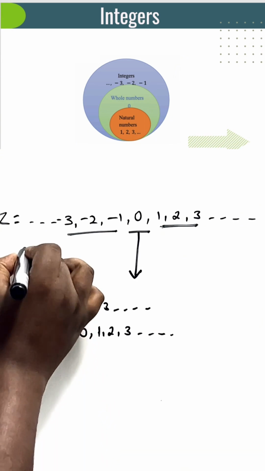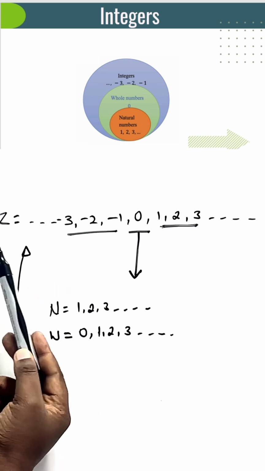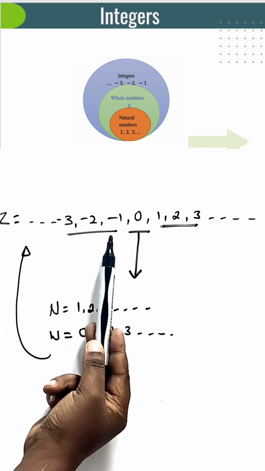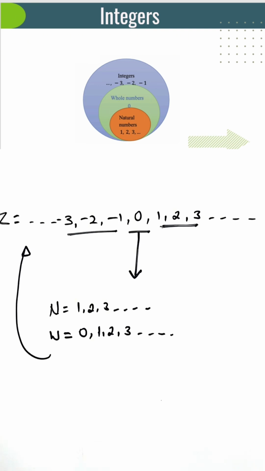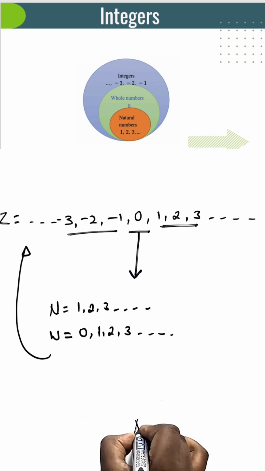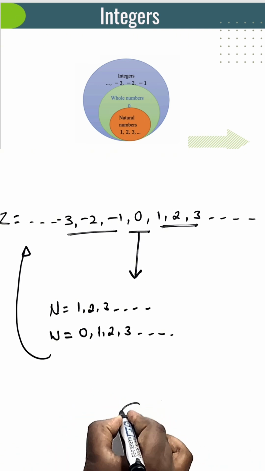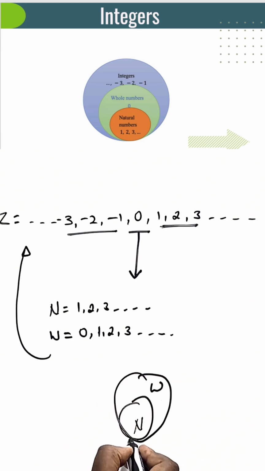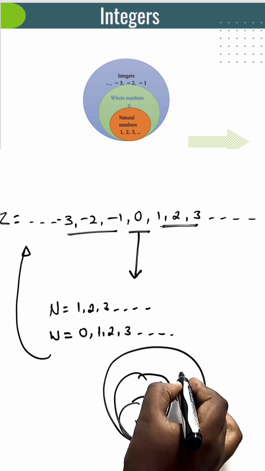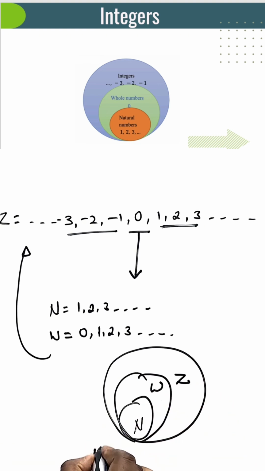Integers extend from negative infinity through 0 and the positive natural numbers. So in general, natural numbers are an element of whole numbers, and whole numbers are an element of integers.